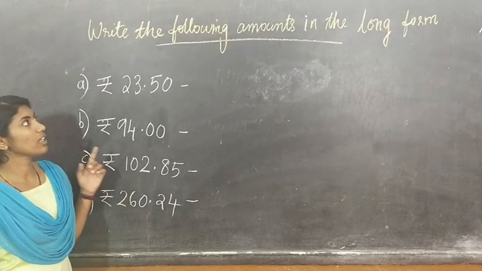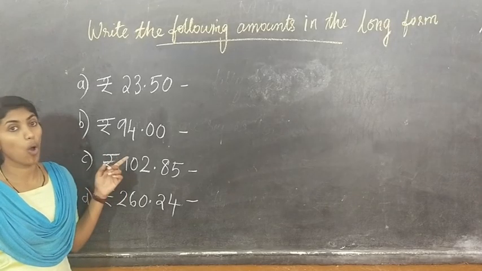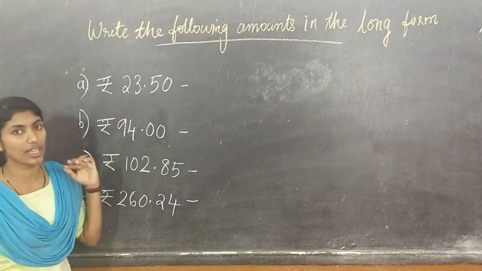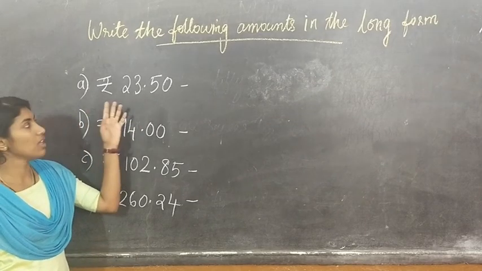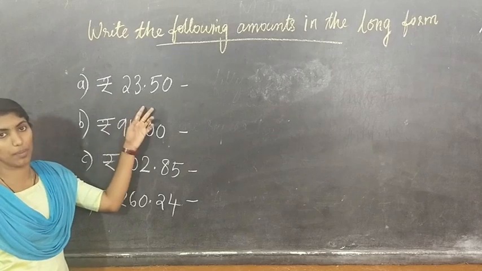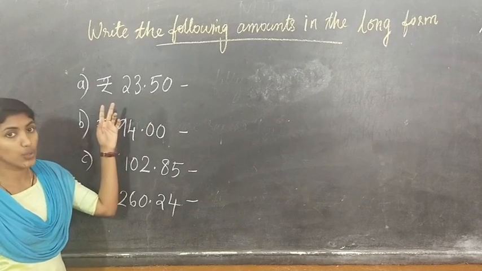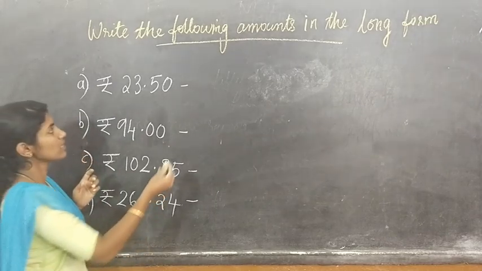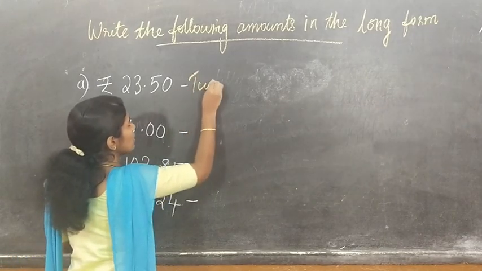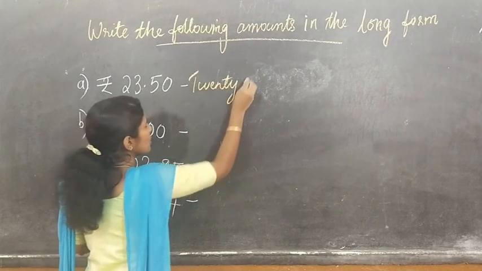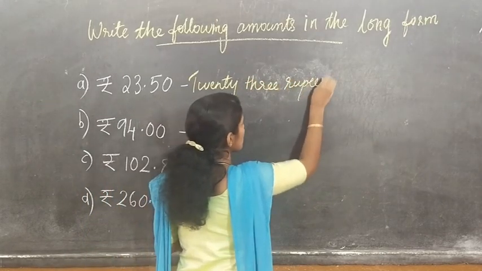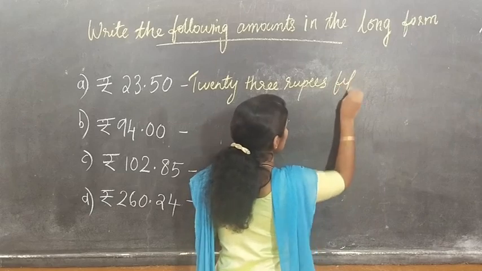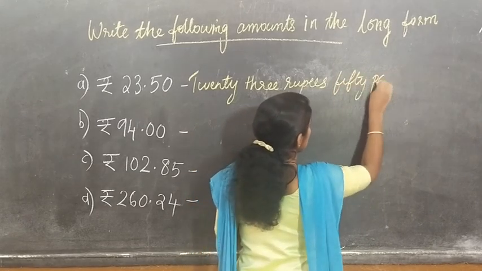The next question. Write the following amounts in long form. A short form is given, we have to write in long form. First one, rupees 23.50. This 23 rupees 50 paise we have to write in long form. That is 23 rupees 50 paise.